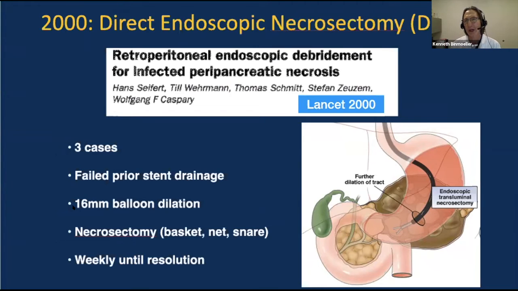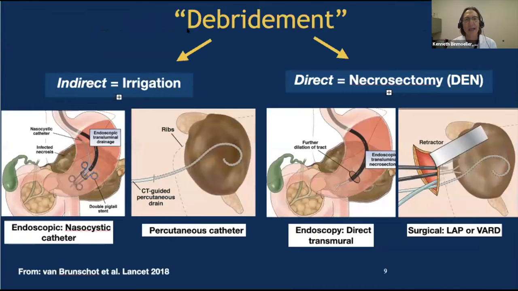You have to very aggressively dilate to create the tract to enter into the WON. Necrosectomy was performed with the usual off-the-shelf tools, and the patients underwent weekly necrosectomies until resolution. Now, this term debridement, don't get the term debridement mixed up with necrosectomy.